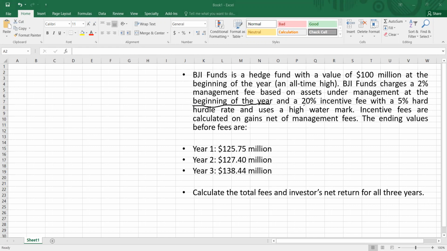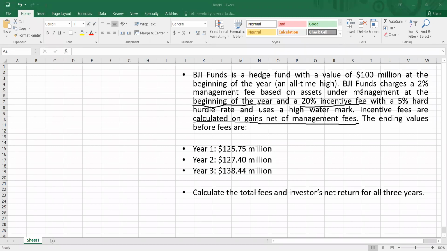And the incentive fee is 20%, with a 5% hurdle rate, uses high watermark, and incentive fees calculated on gains net of management fees. So there's another condition that you should take into mind.